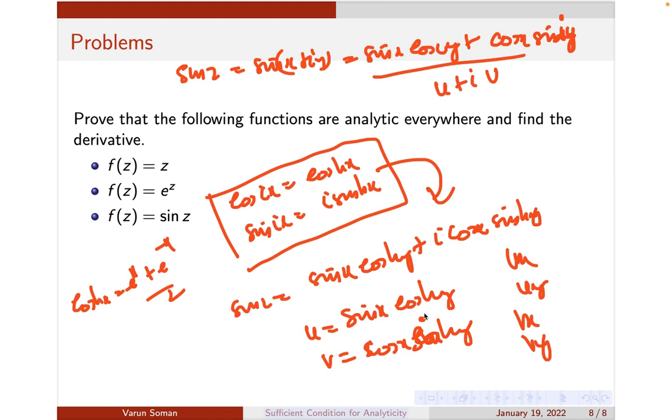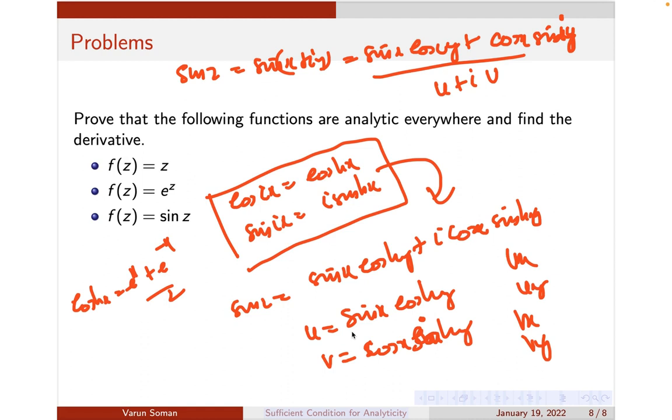Derivative of cosh y is sinh y, and derivative of sinh y is basically cosh y only, nothing new is there. No negative sign is there, so just make use of those results to find ux, uy, vx and vy, and just write down that since these are continuous everywhere, the function is also continuous, and hence it is analytic, so it should come there.